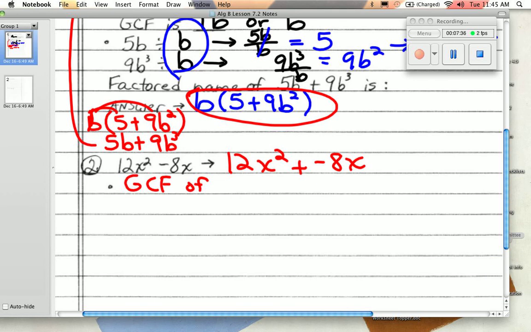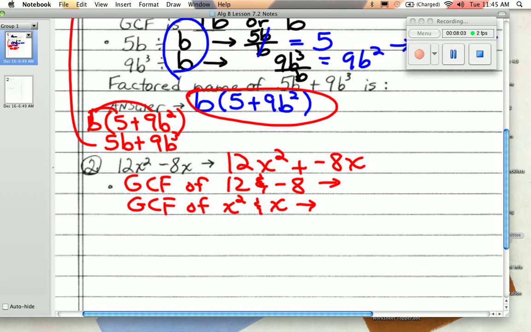So we're going to find the GCF of 12 and negative 8. And we're going to find the GCF of x squared and x. Because that's going to become the GCF of the whole polynomial after we bring it together, okay?